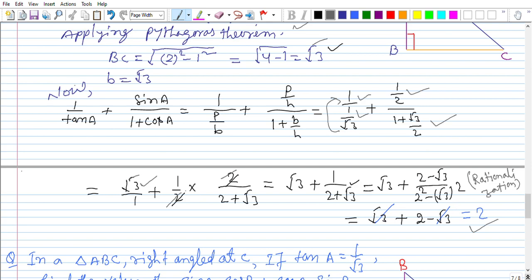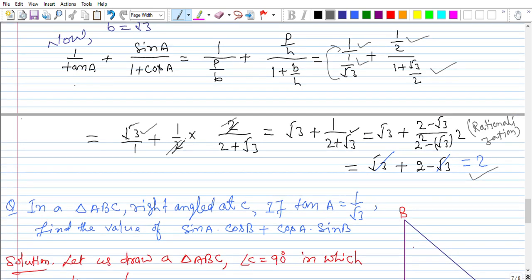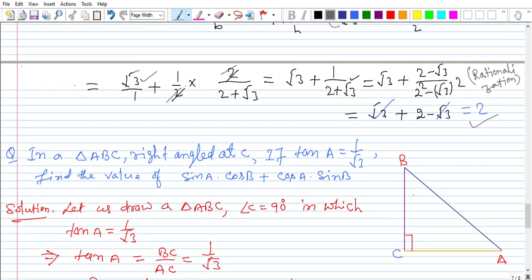The next question is also very simple. In a triangle ABC, right angle at C. Dear student, with respect to sine, we always take B as a right angle.